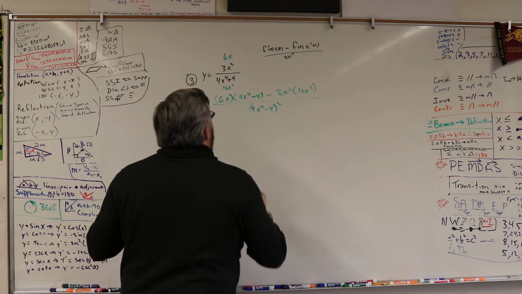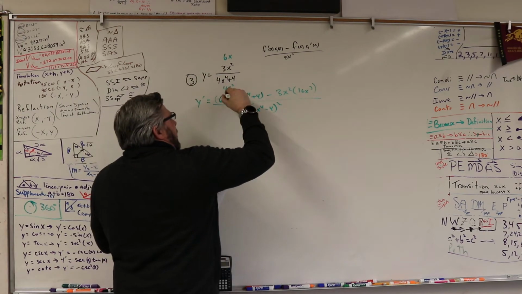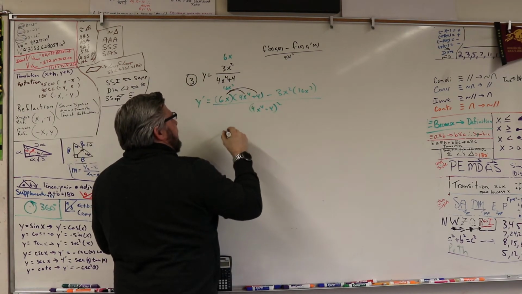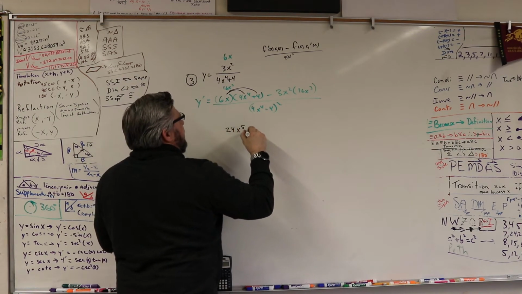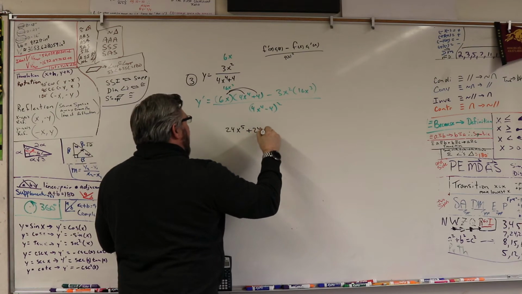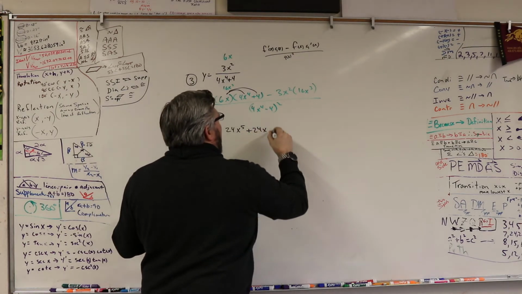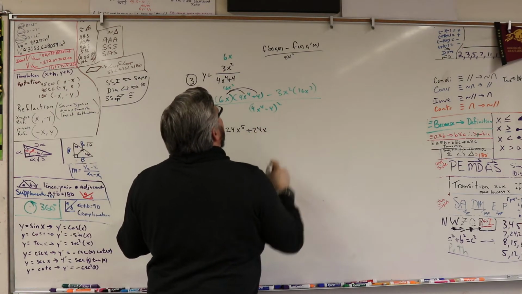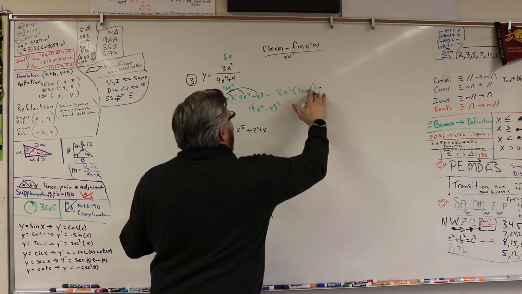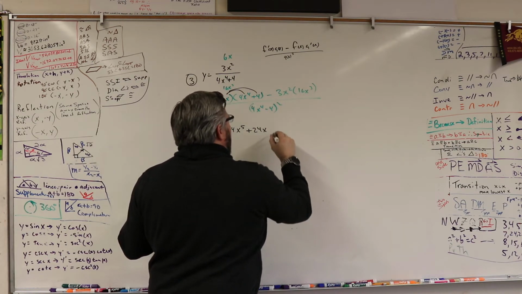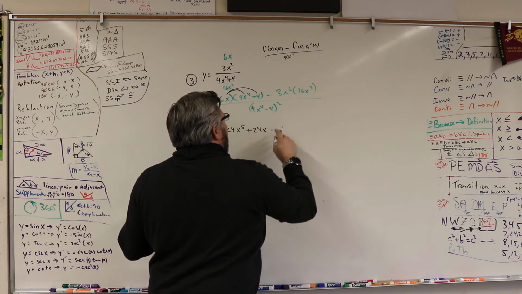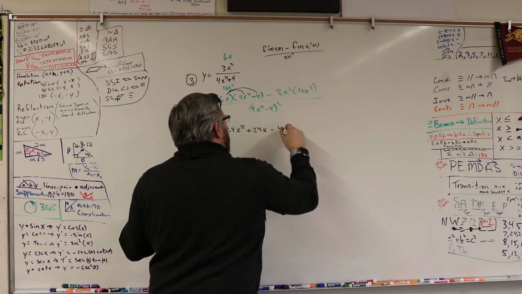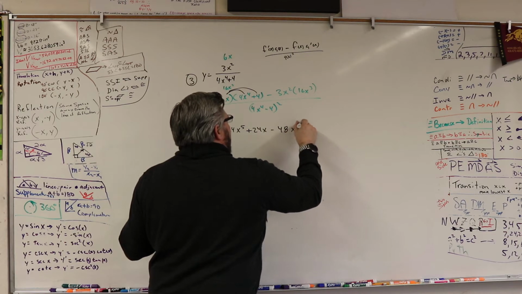Now, you got to clean things up. So, everybody on the block gets a paper. So, you got 24x to the fifth plus 24x. And then minus all of this, which means minus 48x to the fifth.